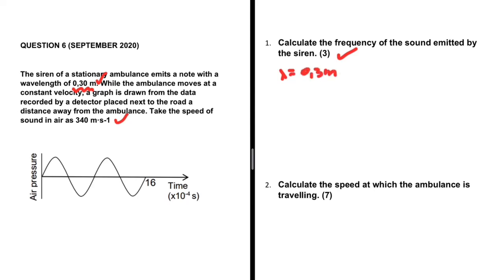Another piece of information we have is the speed of sound in air. So V is equal to 340 meters per second. We are interested in the frequency. What is the frequency of the sound emitted by the siren?